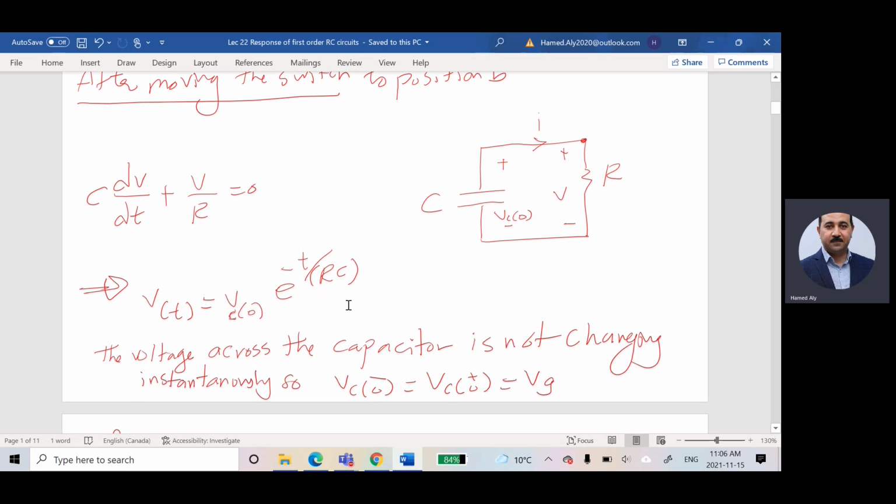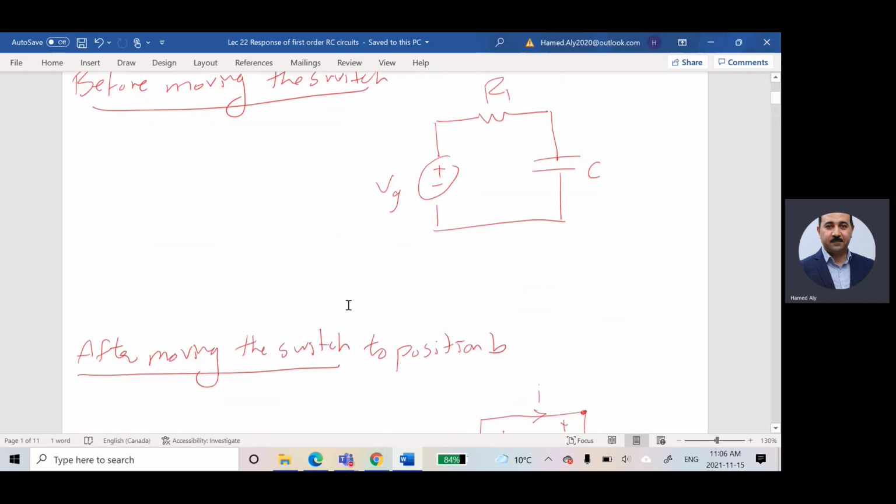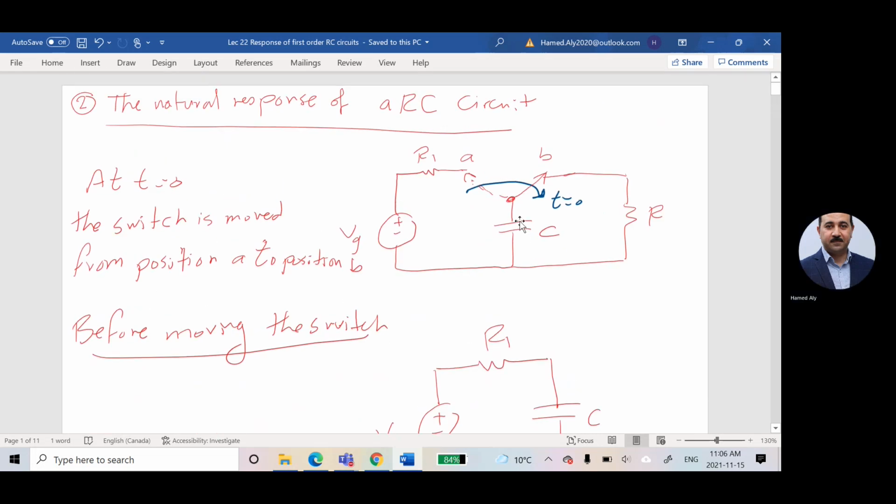He is telling me that the voltage across the capacitor is not changing instantaneously. What does it mean? It means if you try to go back to this circuit, the voltage across this guy, if it is immediately before moving the switch, which is at time t0 negative, equal to Vg, then after moving the switch immediately, which is time t0 positive, the voltage will be Vg.